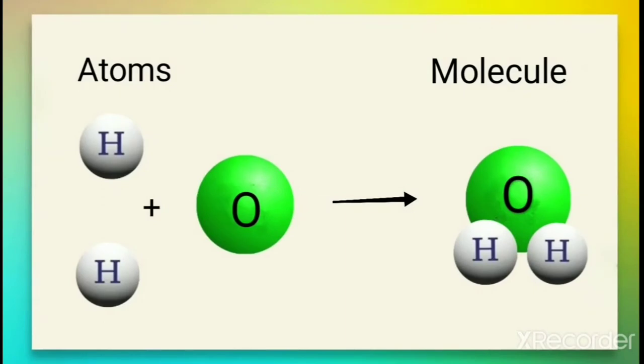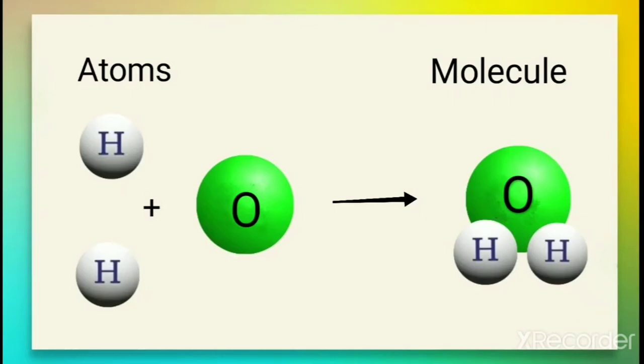Let us first discuss what a molecule is and what its relation with an atom is. In this case, the water molecule is explained. A water molecule is made up of two atoms of hydrogen, which is shown in the figure, and one atom of oxygen.